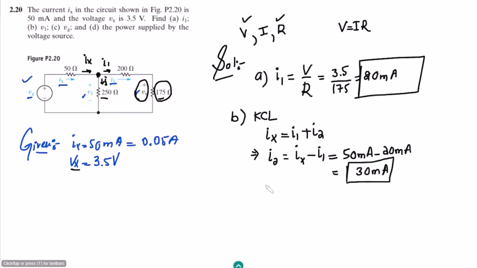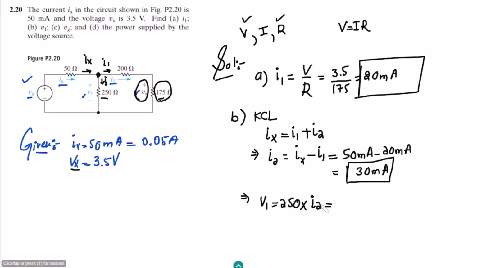After finding this I2, we can see that this is the resistor across which we have to find the value of V1. The value of current is known, which is 30 milliamps, and the value of resistance is 250. So let me find the value of V1, that is 250 multiplied by I2.